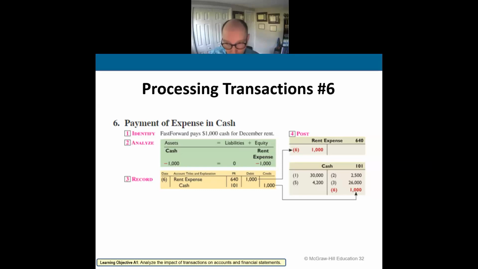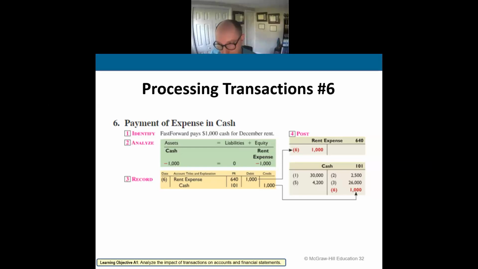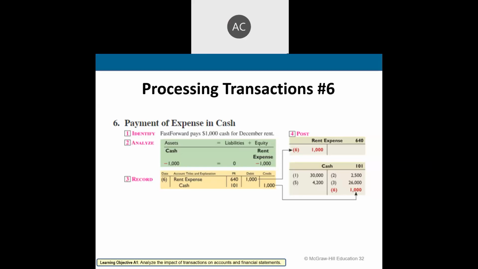When we post to our ledger, the ledger is a running total. Expenses normally carry only a debit balance. Cash, we're reducing cash, but we're crediting cash. You understand? There is no need to balance with respect to the posting. Does that help?